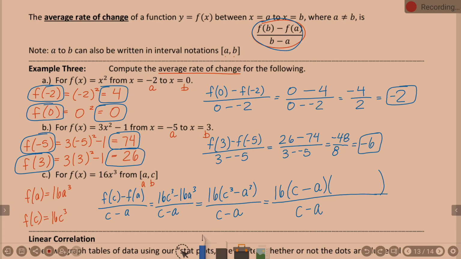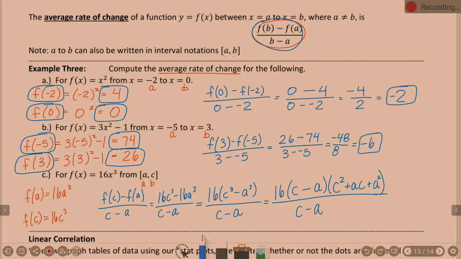My first cube root was c, so when I square that, I'm going to have c squared. Your middle term is these two terms multiplied together, using the opposite sign. So when I take c times a, ca, or I'm going to write mine as ac, it's going to be plus ac. And then the last term is always a plus, and it's the last term squared. So this is going to be plus a squared.